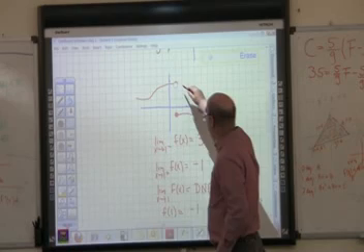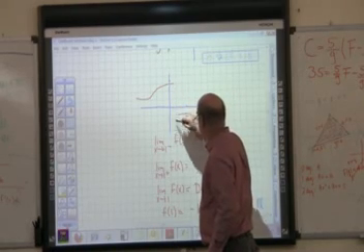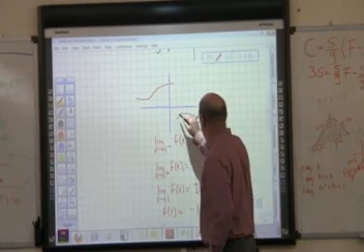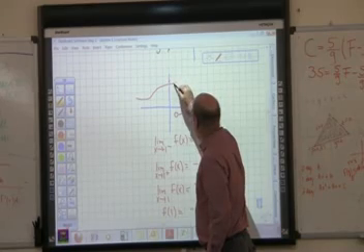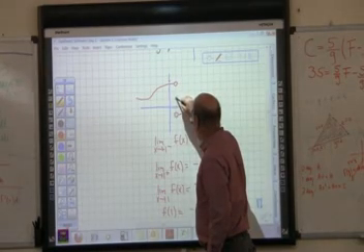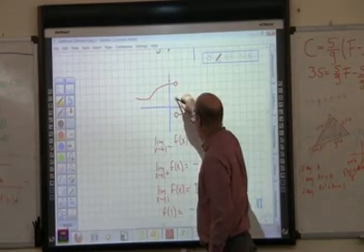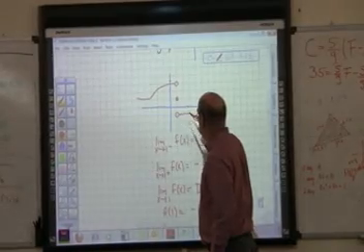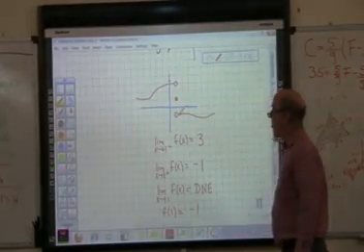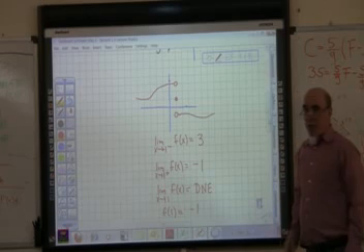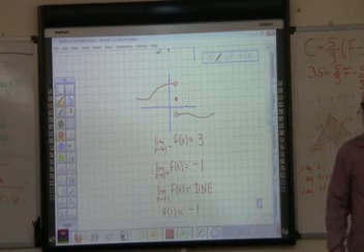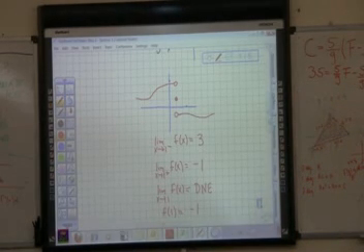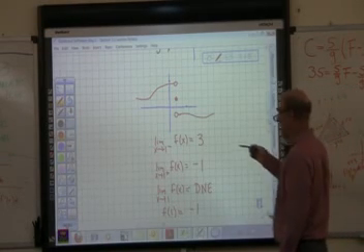Okay, what if I did this? Is that a function? Yes. What's the limit as x approaches 1 from the negative side?